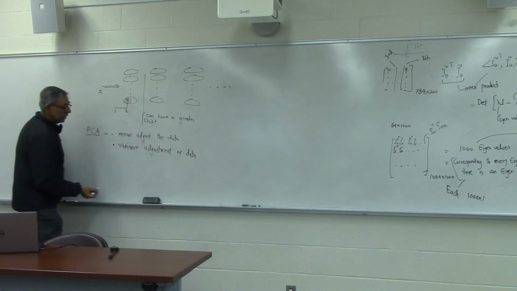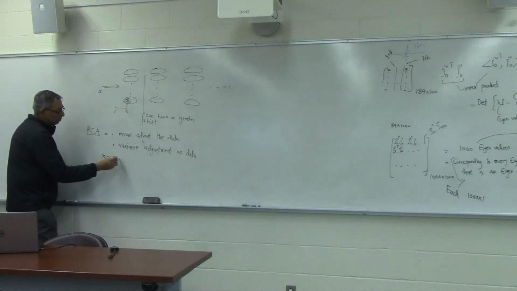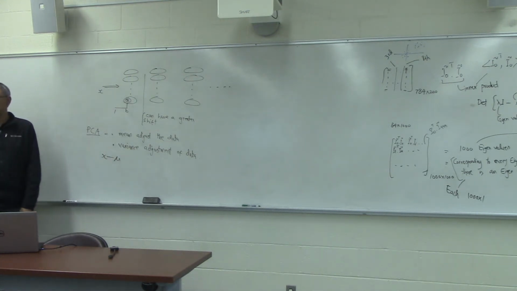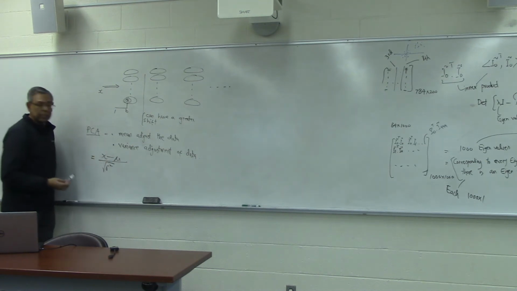So the typical procedure is like this. If you have some data X, then mean adjustment, as we talked about, will be minus the mu vector, right? The variance adjust will be take the square root of this and divide by this.